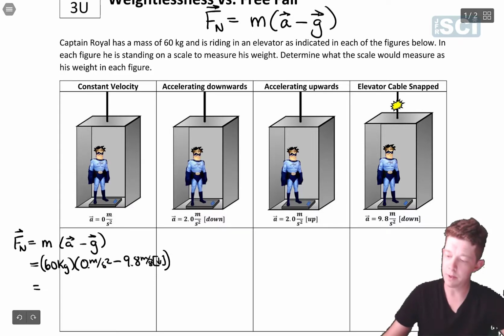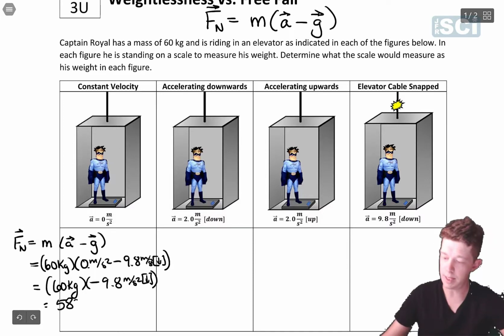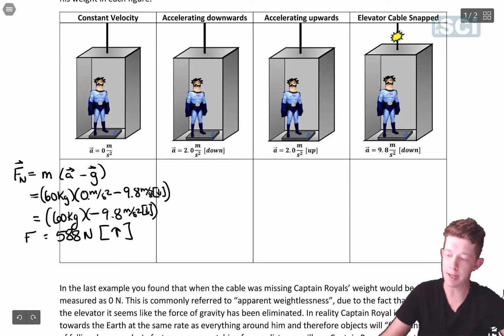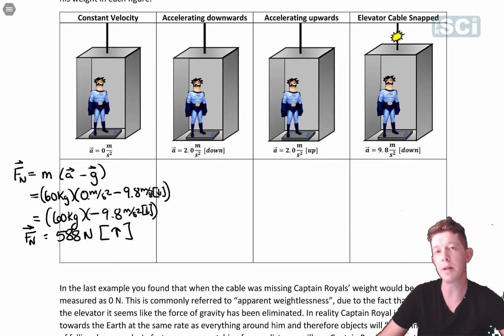Okay, so I have here that it's going to be 60 kilograms multiplied by negative 9.8 meters per second squared downwards, and when we multiply that through, we get a value of 588 newtons, and because it becomes negative and I have it downwards, I will switch it to be upwards. So that tells me that the normal force acting on Captain Royal, if he's standing in an elevator that is moving at a constant velocity, is going to be 588 newtons.